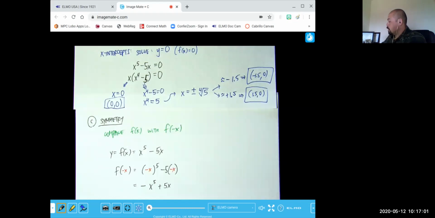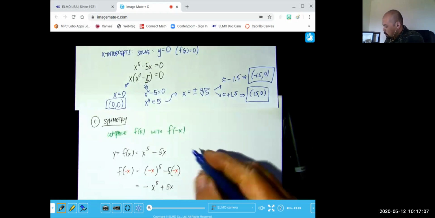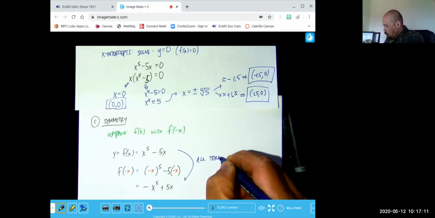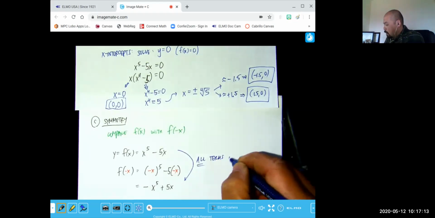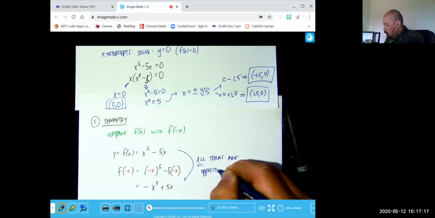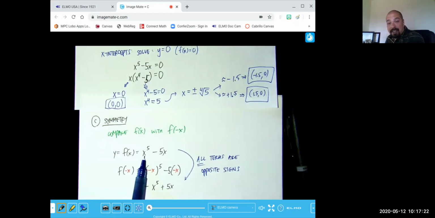And so comparing those, between these two, I notice that all of my terms have opposite signs. The signs have changed. Originally, my function had a positive x to the fifth.